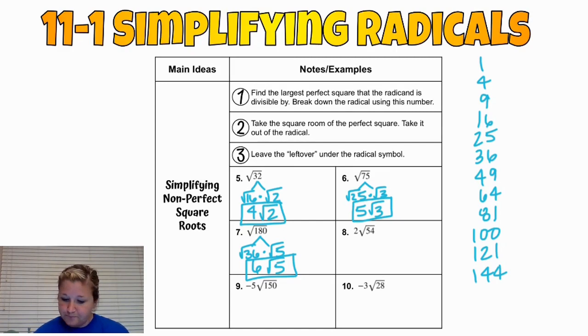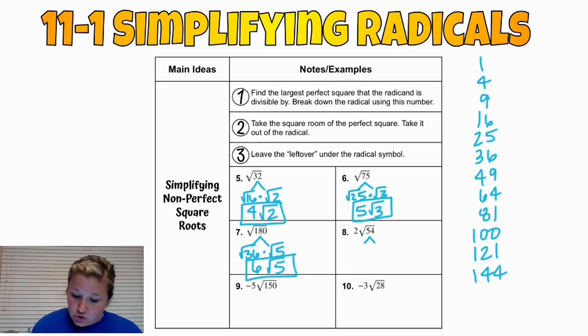Moving on from there. Now we have a number that's out in front, so I'll have to multiply that. Then I have to simplify what's inside of the radical sign. So I have 54. The largest number that can go into 54 that's a perfect square. It's not just a number. It has to be a perfect square from those numbers on the side.